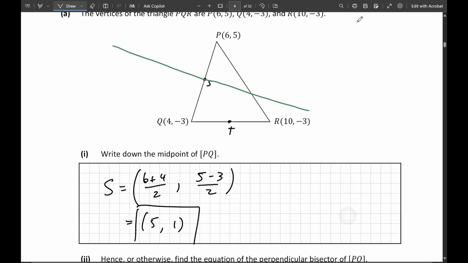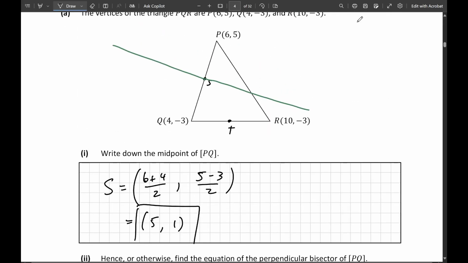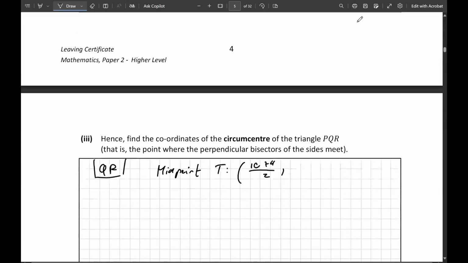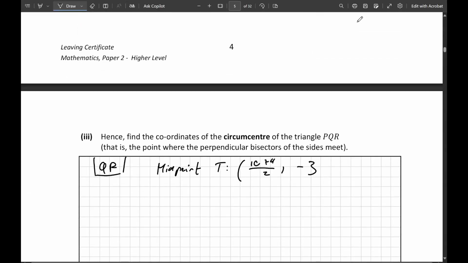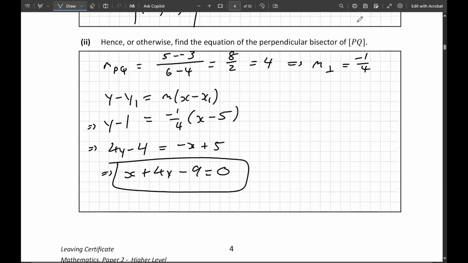Added to that, well, it's going to lie on this, so it's going to be minus 3 take away minus 3 over 2, which just becomes minus 3. So 10 plus 4 is 14 over 2 makes 7, so 7, minus 3.